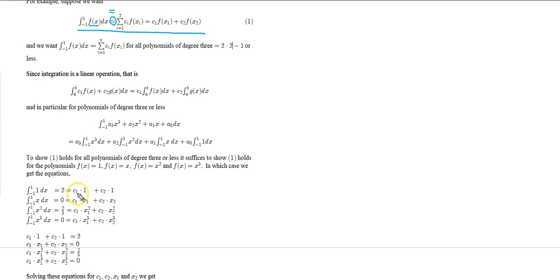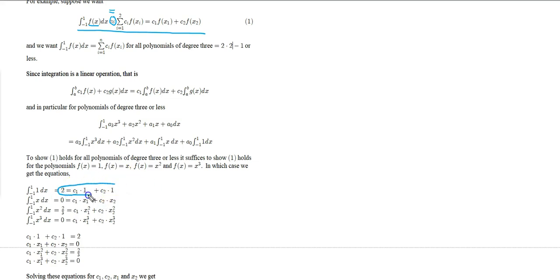That should equal c1 times f of x1. Notice if f is a constant function, f of x1 is just 1. And plus c2 times f of x2. Notice this is f of x2 right here. Alright, so we get this equation, and notice that the definite integral from -1 to 1 of 1 is 2. And so we get this equation.